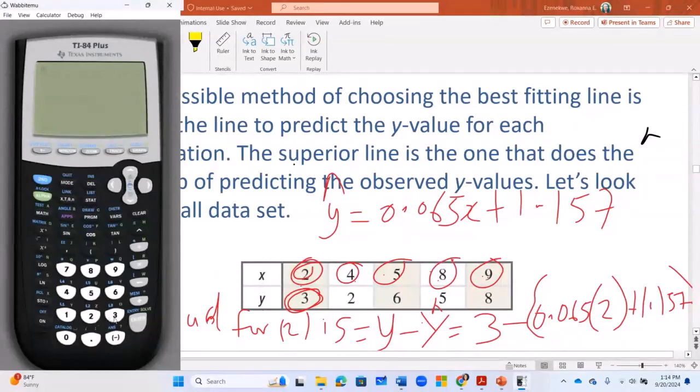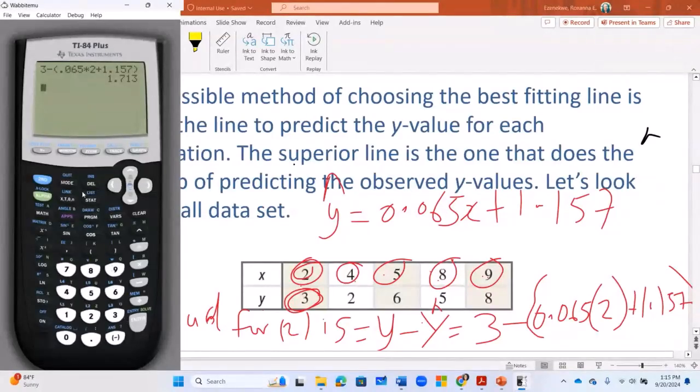So 3 minus, parentheses, 0.065 multiplied by 2 plus 1.157, close parentheses, and then hit enter. So the residual for 2 is 1.713.